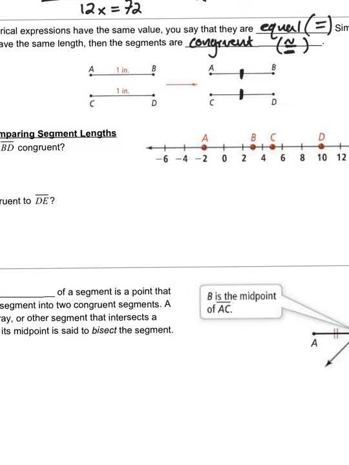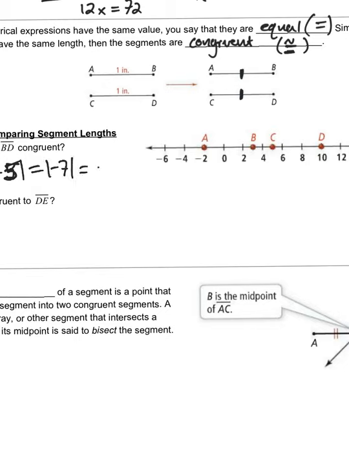Now, moving on to part 3. We want to see if AC and BD are congruent. So let's figure out what AC is. Well, A is -2. C is 5, not 3. C lies within 4 and 6. So -2 minus 5 is equal to -7.